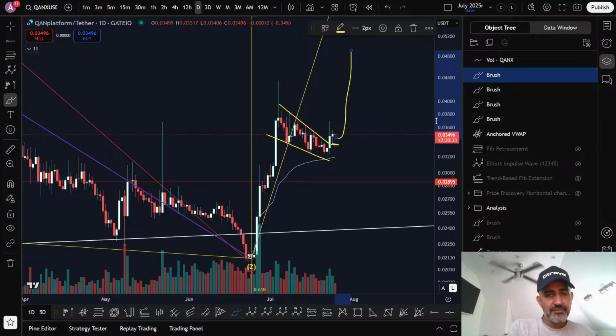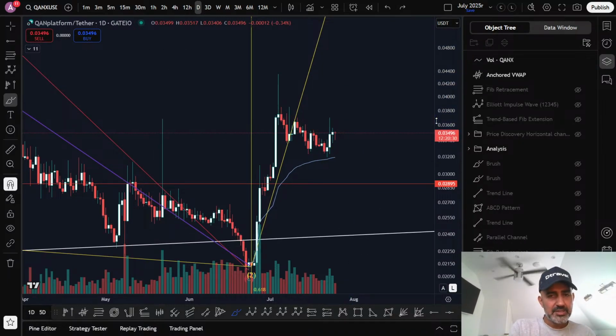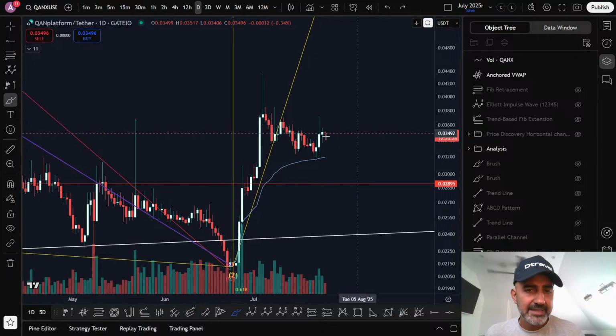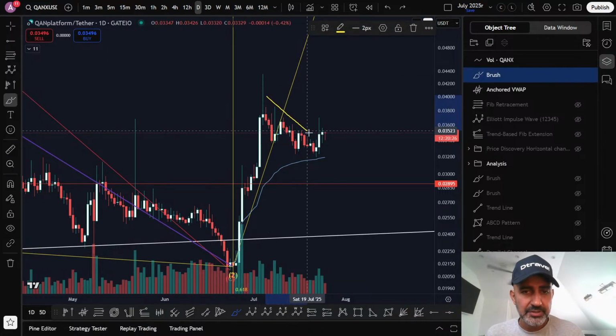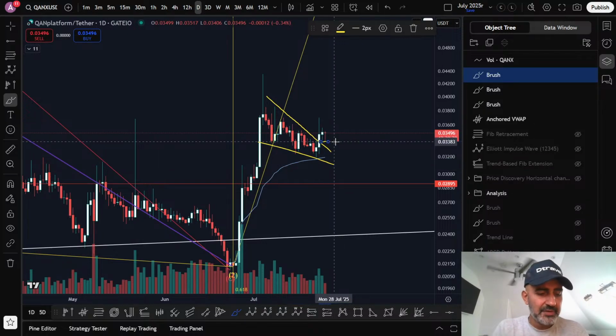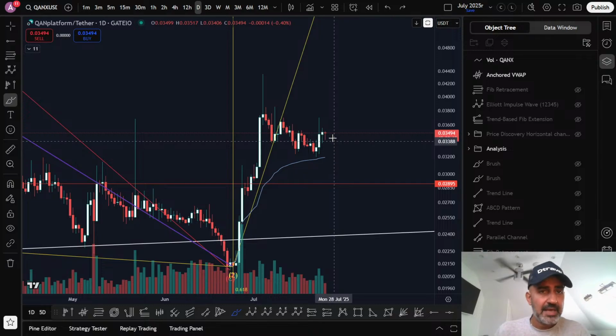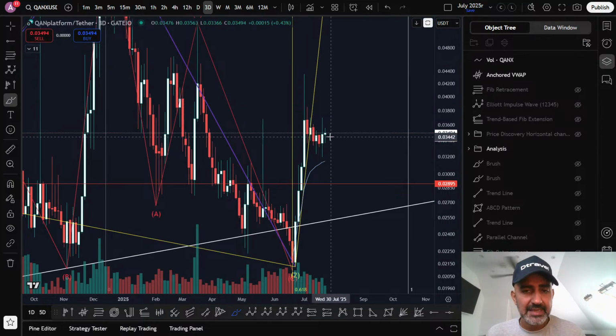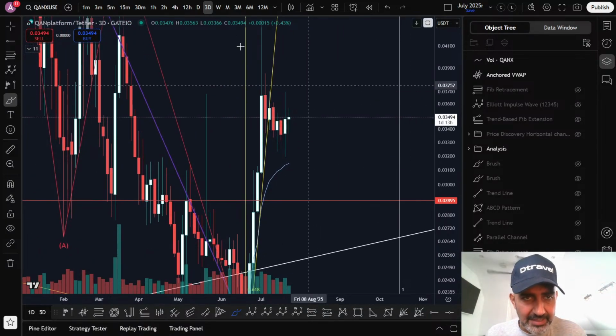That's how flags work, don't they? You break and then you test. And so it does look like we've broken the flag, and we're just back testing the breakout of the flag. And there's a clear invalidation.